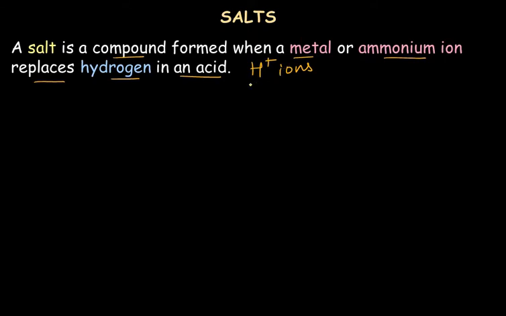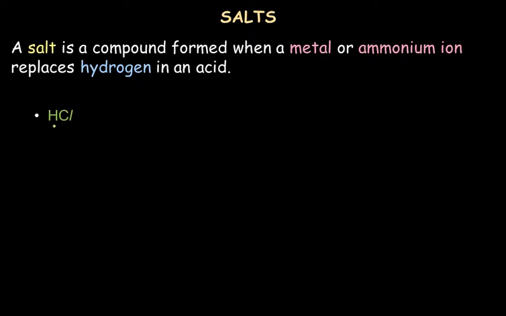So if the acid has hydrogen in it and this hydrogen is replaced by a metal or an ammonium ion through some reaction or a compound, then the substance formed, that's the product, is named a salt in chemical terms.